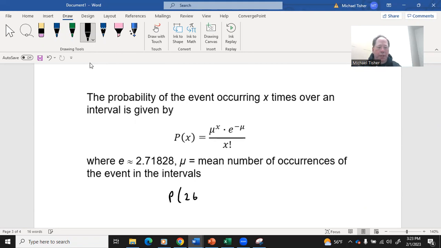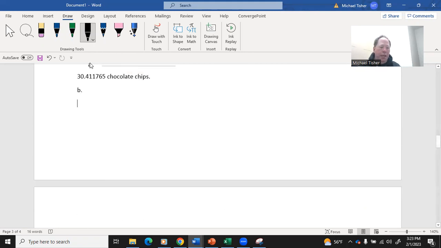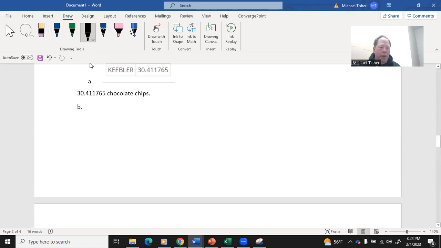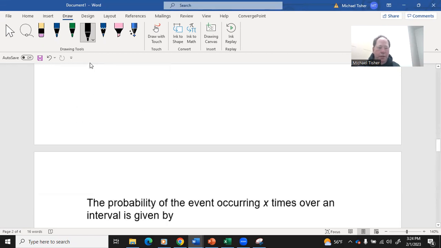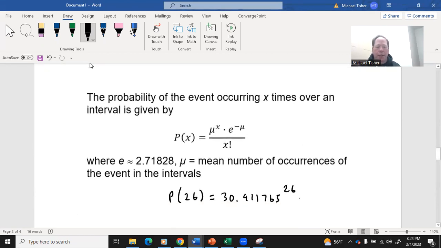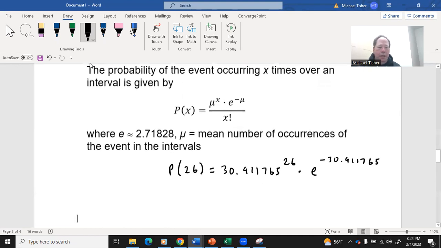So P of 26 is equal to mu, the mean we got in A part, 30.411765, raised to the x, which is 26, times e to the negative 30.411765, all over 26 factorial.